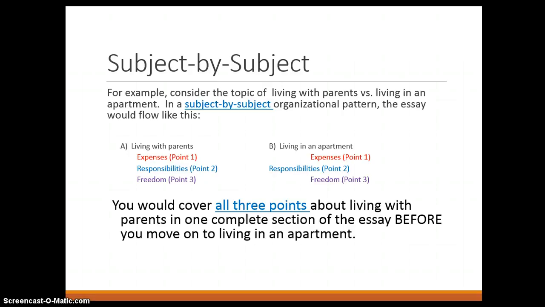And then after that, you talk about living in an apartment, expenses, responsibilities, and freedom. So it flows that way. You cover one entire subject and then the next. And some people work that better. That's fine. They work that way better, and that's fine.